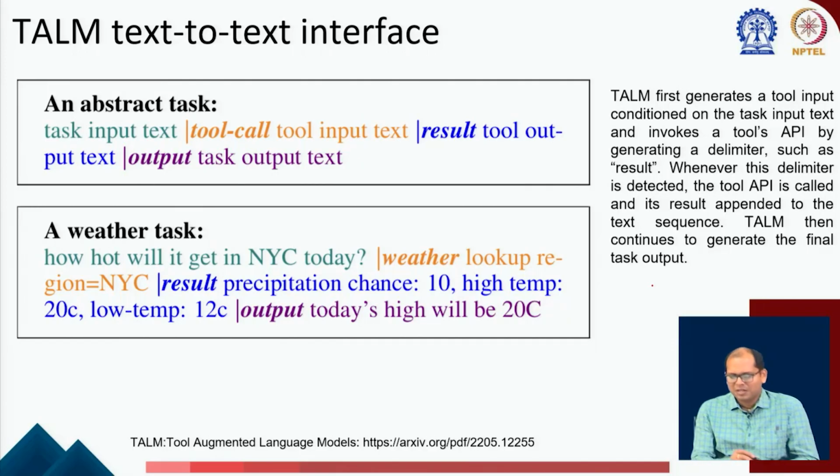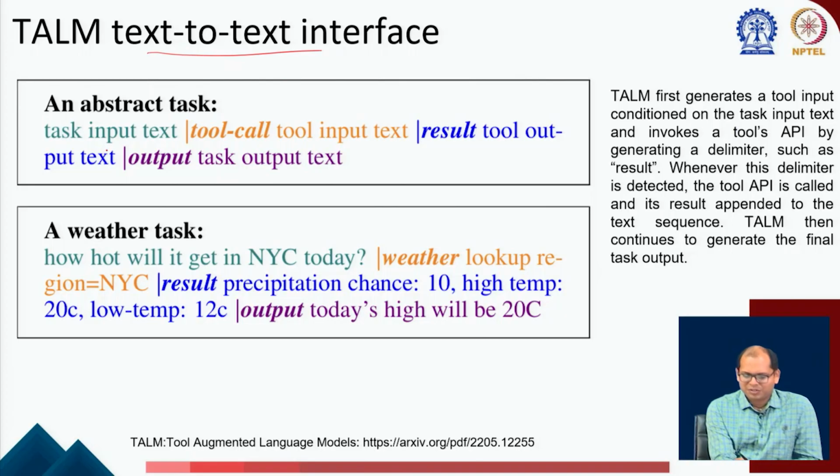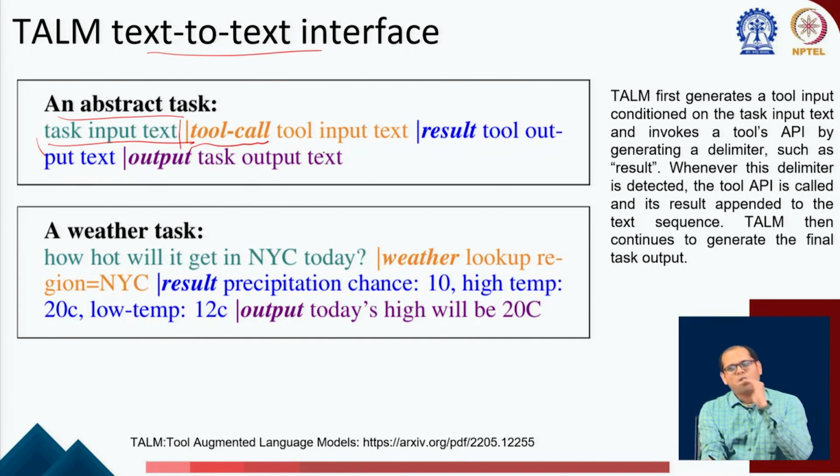Take an example. This is a text to text interface. Suppose this is your input text. It can be question answering, it can be summarization, whatever. Typically, question answering is one task where you will need tools more often than something like a summarization task. So, what you will do is say, okay, I want to call a tool with all the required parameters.